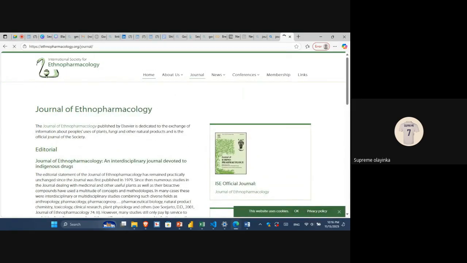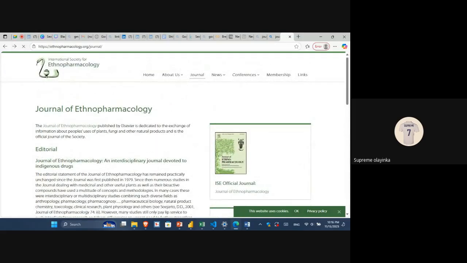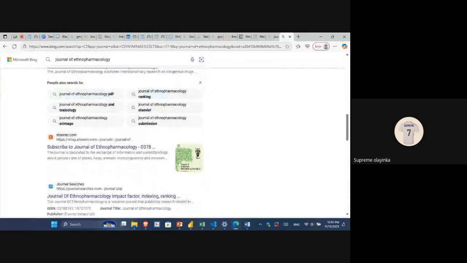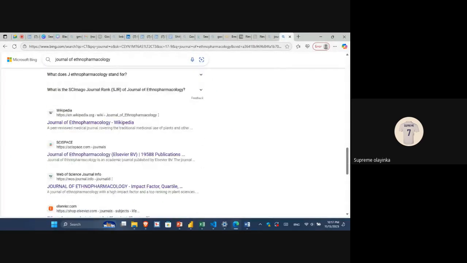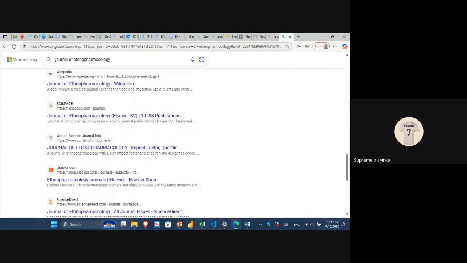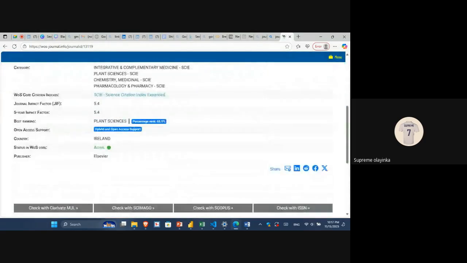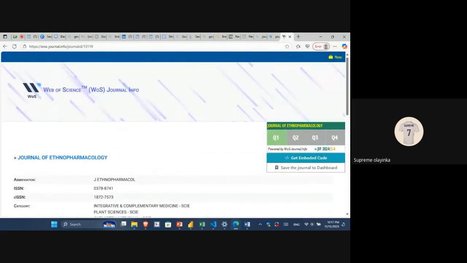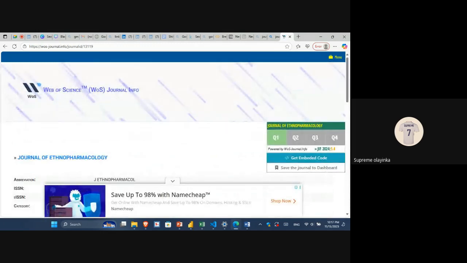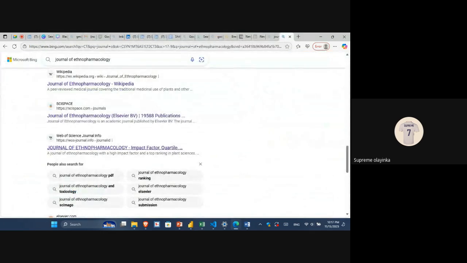So let's do that. And probably the link is not correct for this one. Or maybe this is not their main link. No, we are just searching for any journal. So let's look for them. Okay, I think this is the real one. But let's search. Okay, let's look for another one.